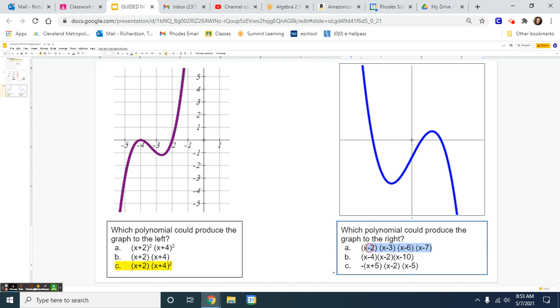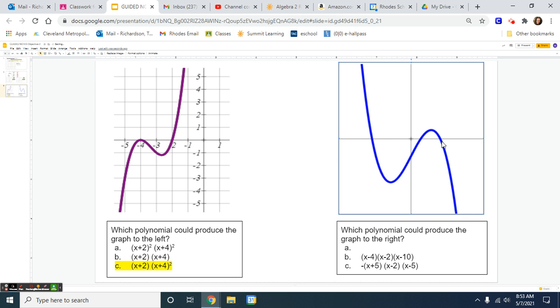So I know it's definitely not letter A because this has 4 different parentheses. So I know it's not A. So it's either B or C. It crosses once on the negative side and twice on the positive side. And remember, we're going to flip those signs. So this negative should become a positive, and my two positives should become negative.